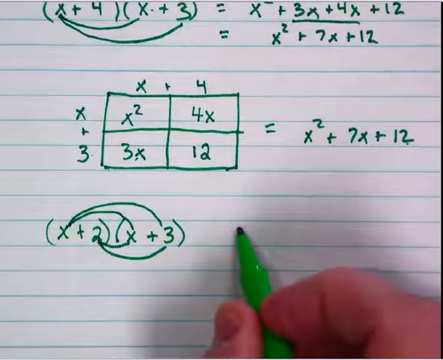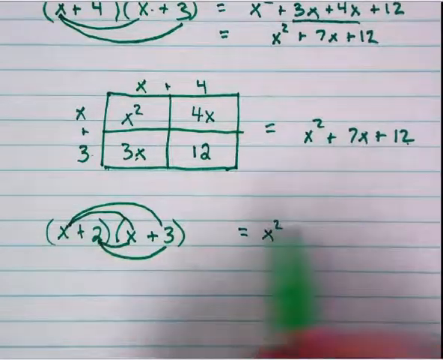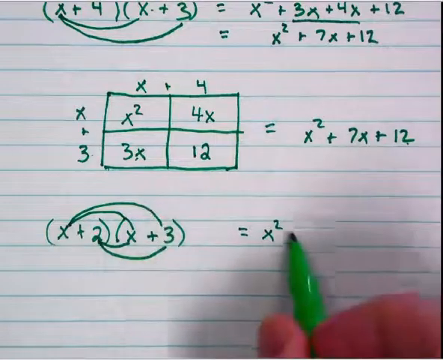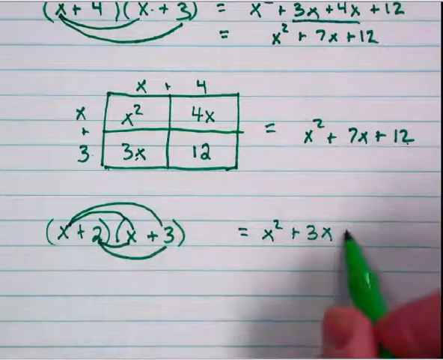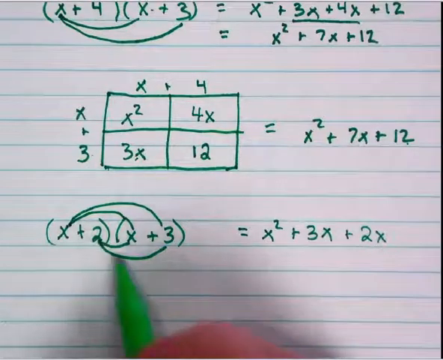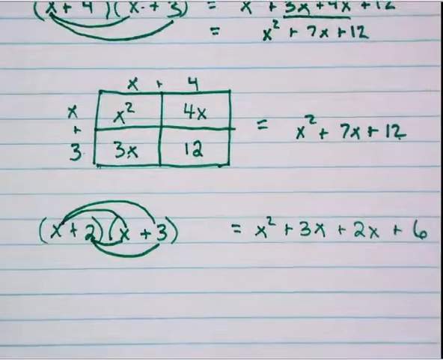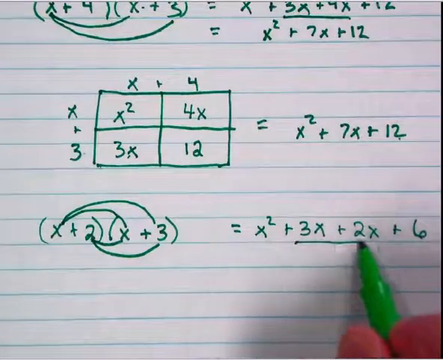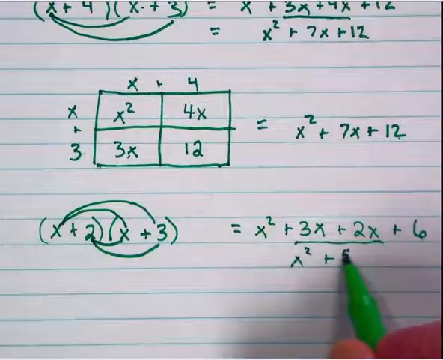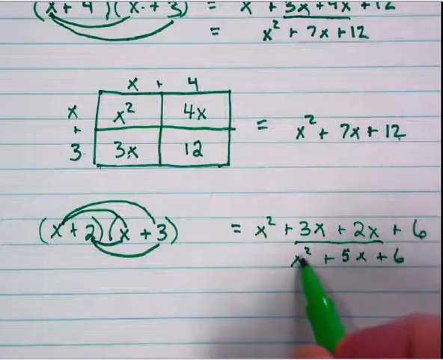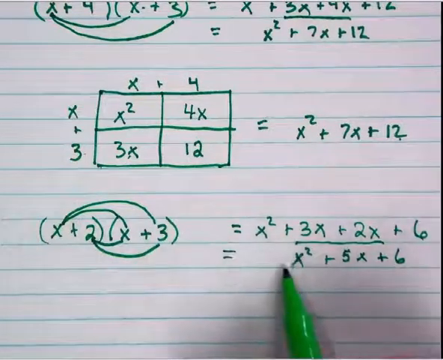So when I do that multiplication, x times x is x squared, x times 3 is plus 3x, 2 times x is plus 2x, and 2 times 3 is plus 6. Again, recognize that I have these two middle terms that go together, so I'll have x squared plus 5x plus 6. This product is equal to this trinomial.